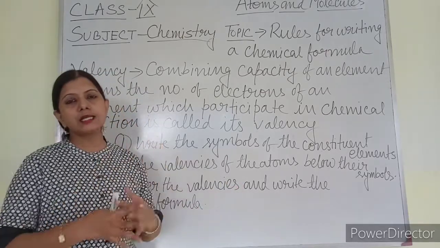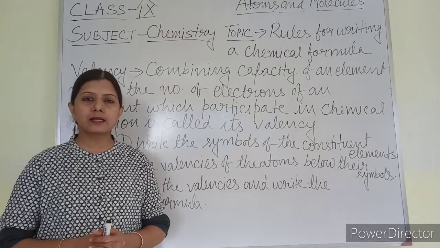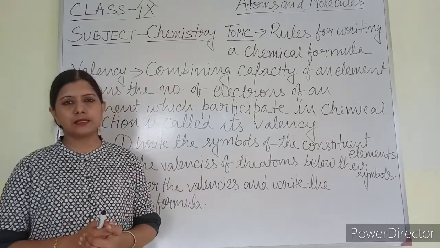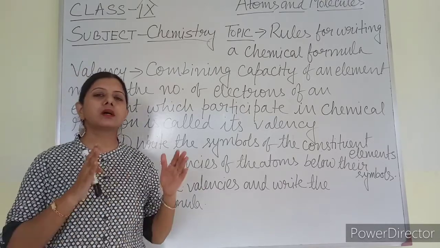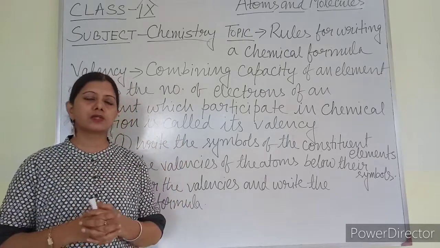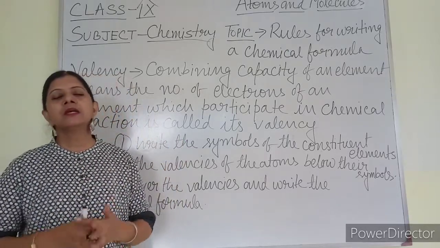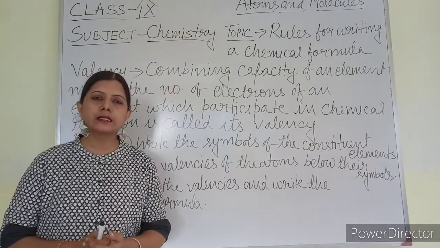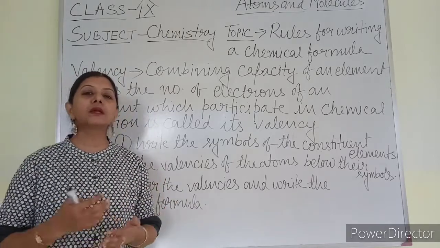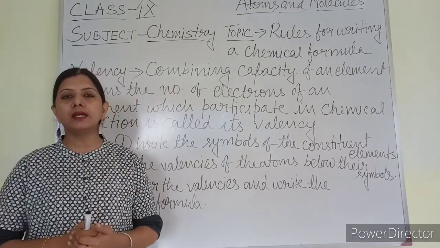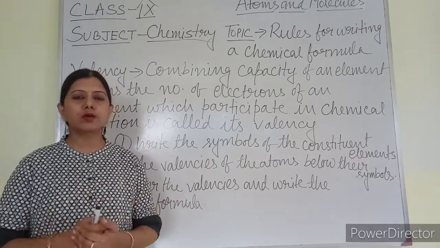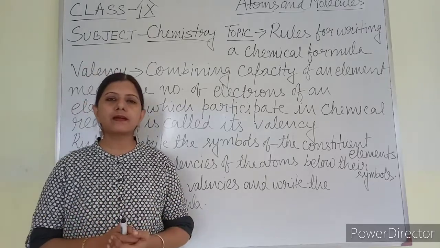So the charge that is developed on the atom of the element, that is its valency. Suppose the charge is +1, that means its valency is 1. Charge is -2, its valency is 2. -2 means 2 electrons came into the atom of the element. So these are the valencies.